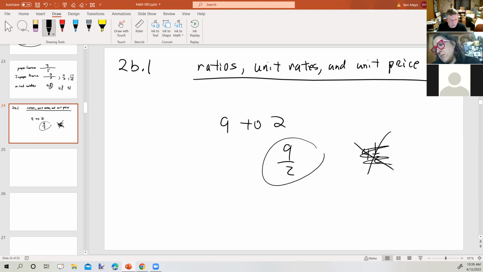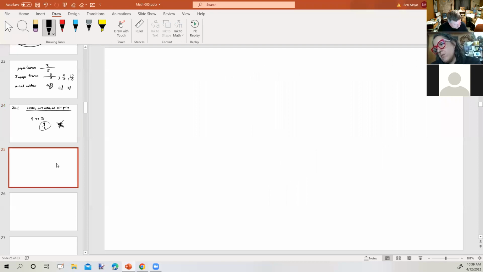Okay, so what I want to do now is look at some examples. It says, write each ratio as a fraction in lowest terms. We have 6 to 14. So writing as a fraction, it would be 6 divided by 14. By lowest terms, it means that we are to simplify, reduce this as much as we can.